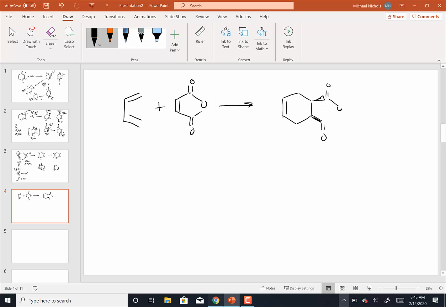The alkene stereochemistry being cis, those two groups have to be cis. If they were trans, which is impossible in this case because of the ring, but if I said, well, let's react this with the trans.